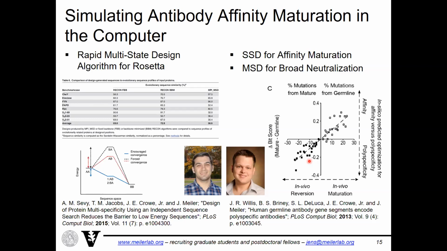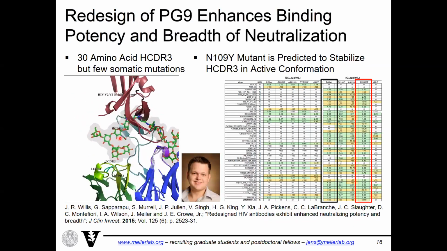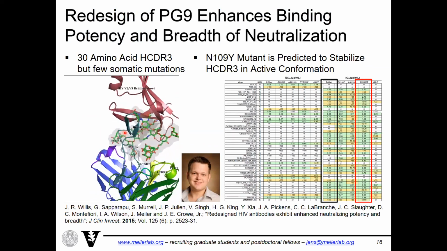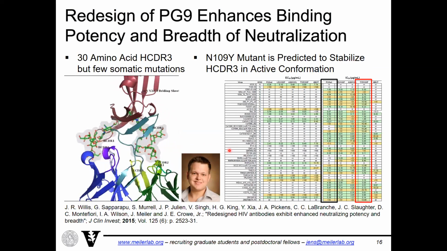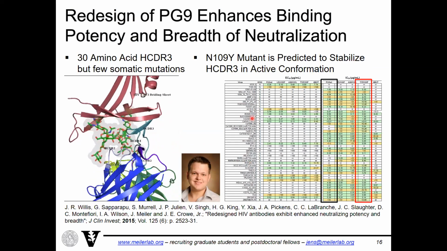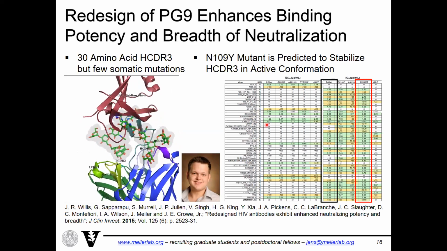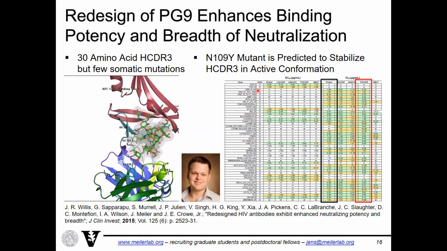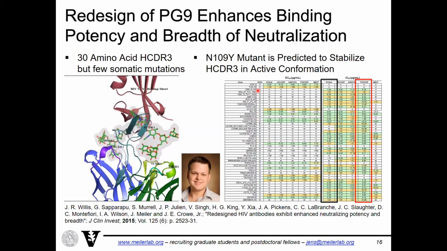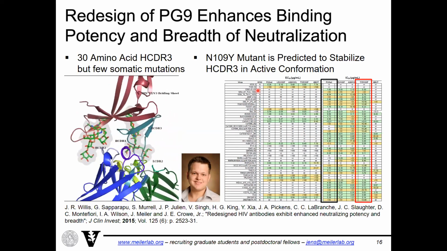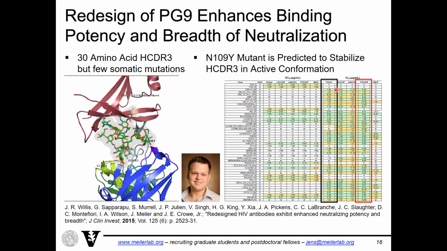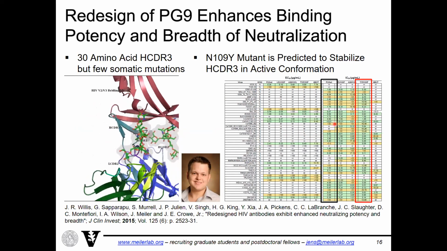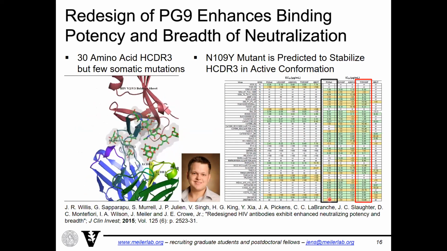Now we can apply this, and let's come back to our friend PG9 here. And PG9 is partly neutralizing. So with our collaborators here, we got data on binding and neutralization with respect to a panel of HIV viruses. And this is the wild-type antibody, the concentration needed to neutralize, and you see it hits maybe about 40% of this panel.